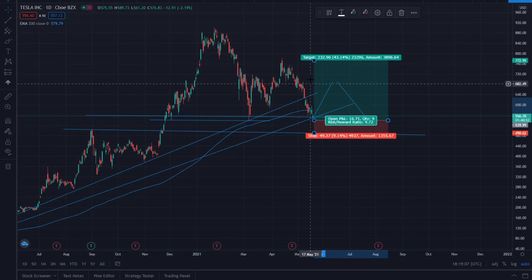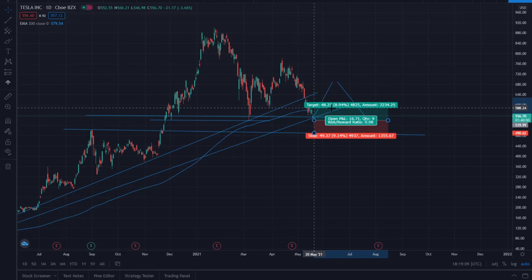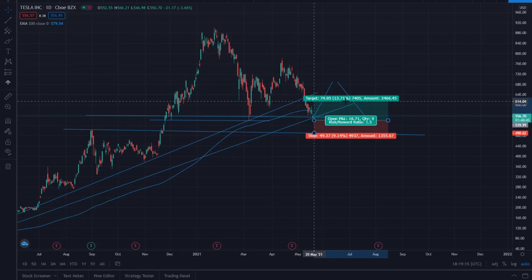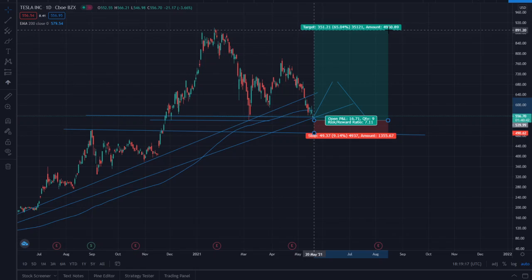And you could target back to maybe 600, or wait, maybe we will go even higher. If you're a long-term investor, I mean, you could target back to 900, 800, or even beyond.